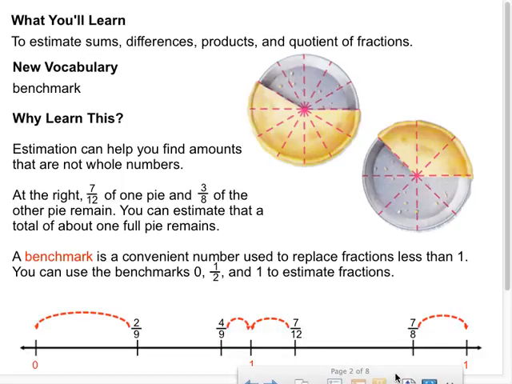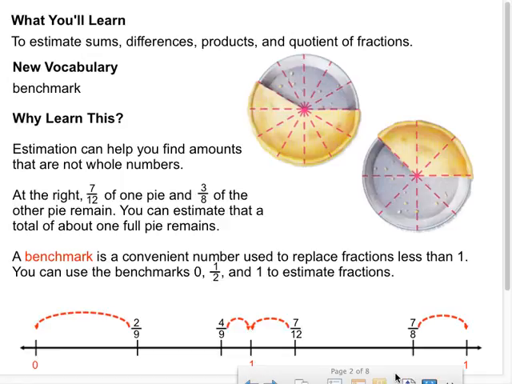Back to food. Okay, can I get somebody to read for me? Somebody that I haven't heard from. Savannah, can you read for me down through to this point? What you will learn: to estimate the sums and differences of fractions.